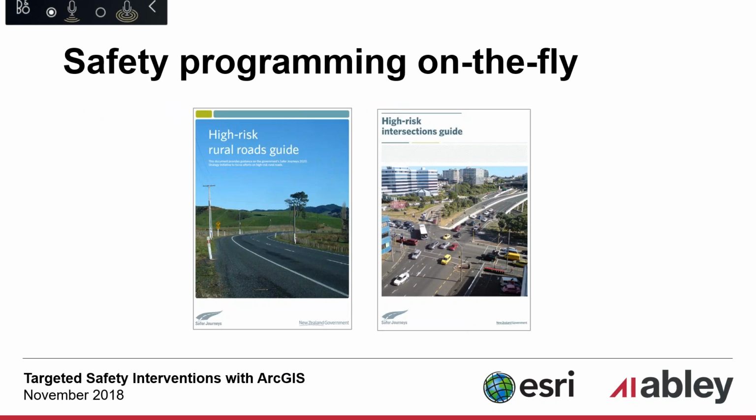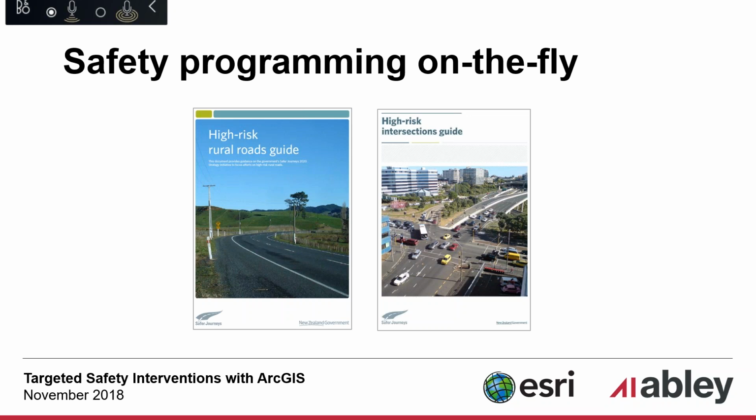So what we've done in the first instance is we have utilised resources from New Zealand. So we have high-risk guides, a high-risk rural roads guide and a high-risk intersections guide, and within those guidance documents, they contain crash modification factors or crash reduction factors.